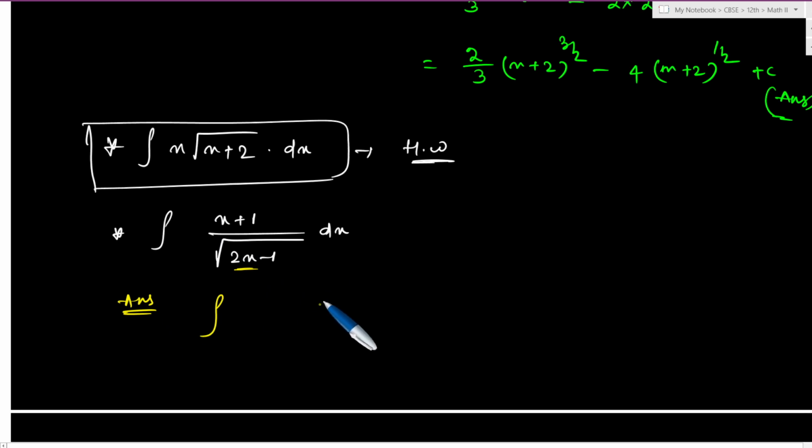Okay, so to do that we can divide half and multiply 2. Okay, so divide 2 and multiply 2 with x plus 1 divided by root over of 2x minus 1 dx.